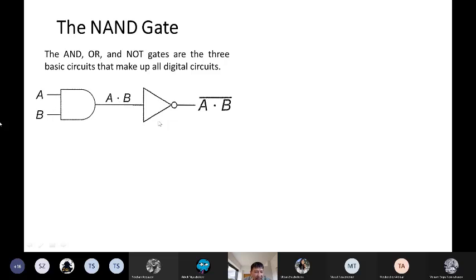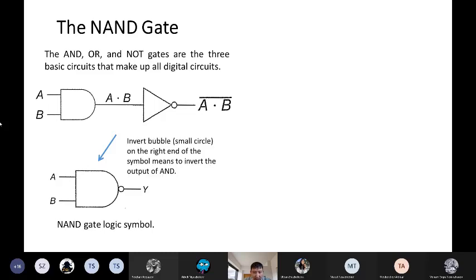Here we'll have 1, but after the inverter we will have 0. So this combined circuit, we will call it NAND logic, NAND gate logic symbol, or just NAND gate logic.